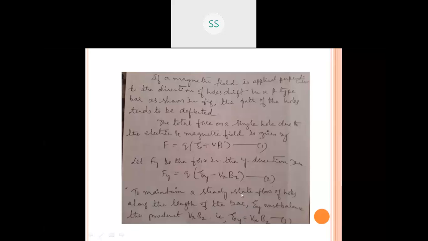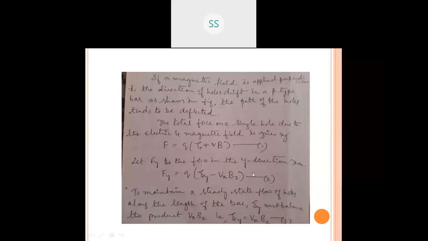Now these words are a little bit tough. So the electric field Ey is set up when the magnetic field, Bz, shifts the whole distribution. Where is the whole distribution? Inside the semiconductor bar. So when Bz shifts the whole distribution slightly in the y direction, there is an appearance of Ey.